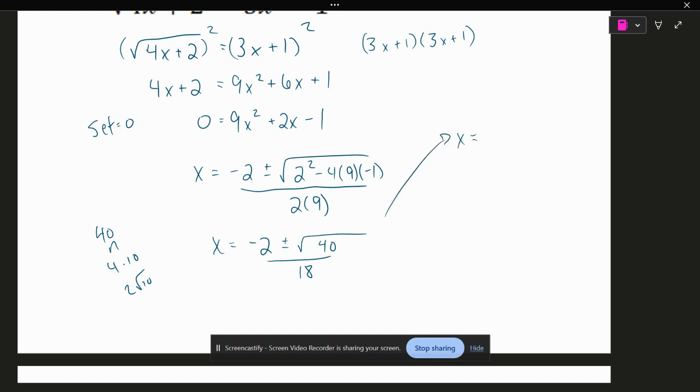So x is equal to negative 2 plus or minus 2 root 10 over 18. x is equal to negative 1 plus or minus root 10 over 9.